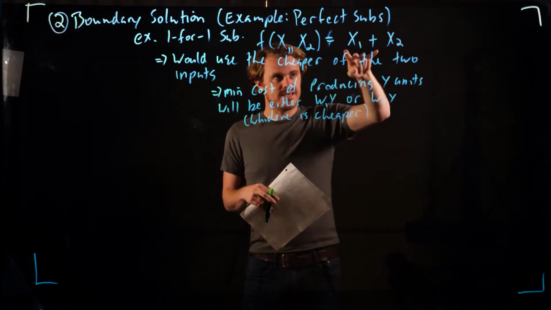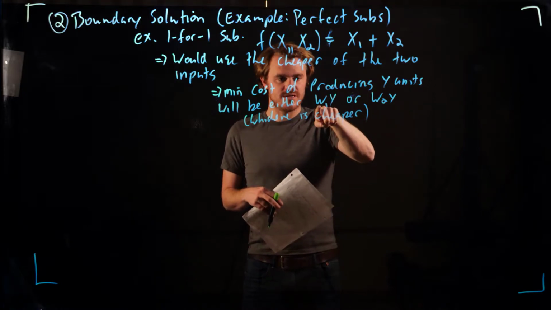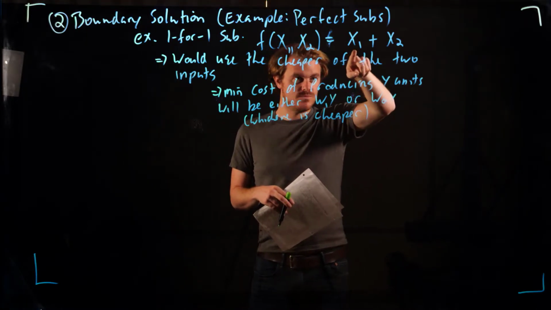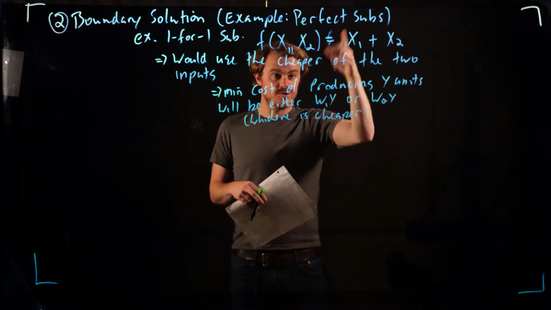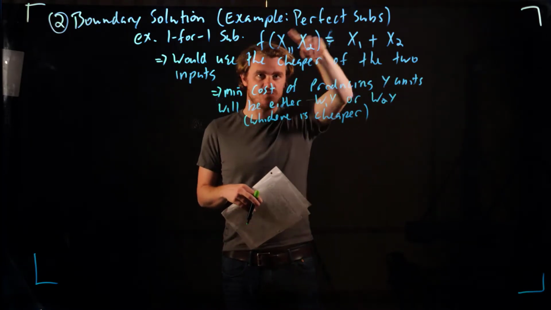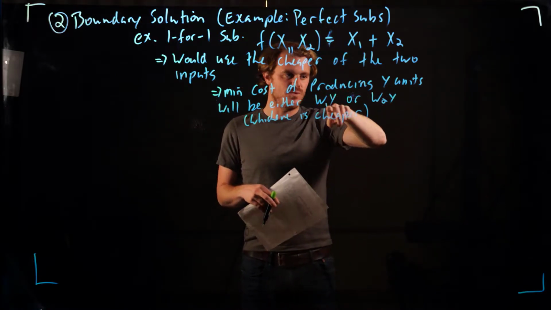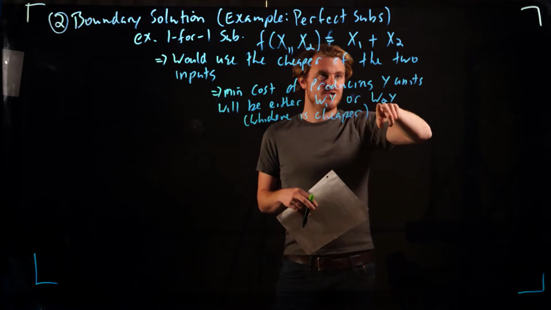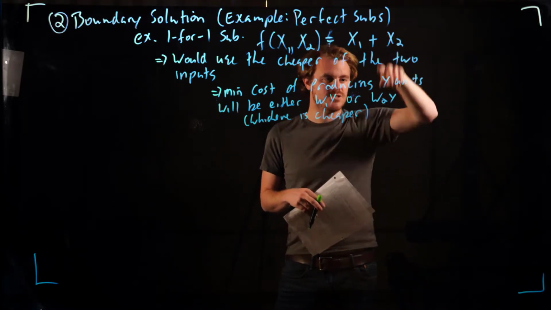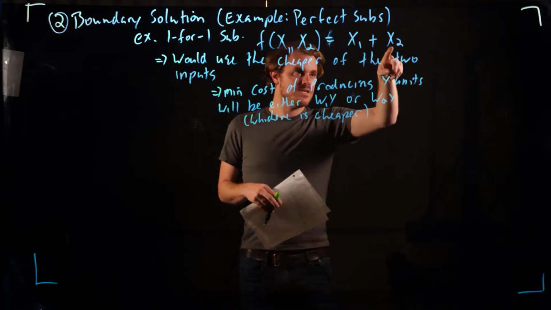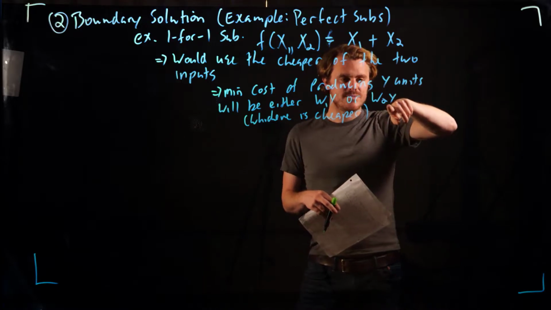In this case, when it's 1-to-1, it's going to be whatever's cheaper: using y units of x1 to produce y units, because it's just a 1-to-1 in terms of output and input here, times the cost of input 1, or the cost of input 2 times the amount of input 2 we're using to produce y units, where in this case it's just y. Notice if it was a 2 here, we would have to divide this by 2.